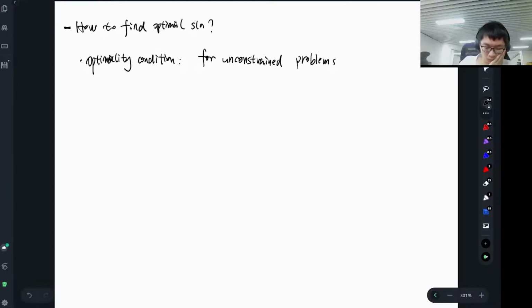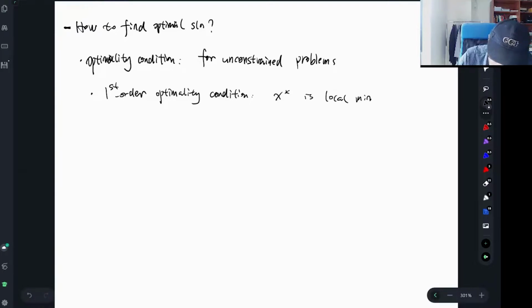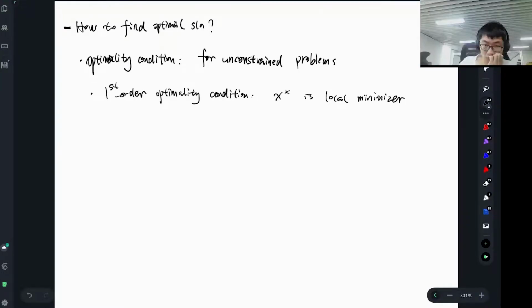The first order optimality condition tells us, if x star is a local minimizer, let's say minimizer or maximizer, either way is fine, let's just say minimizer, it must satisfy the first order necessary condition.